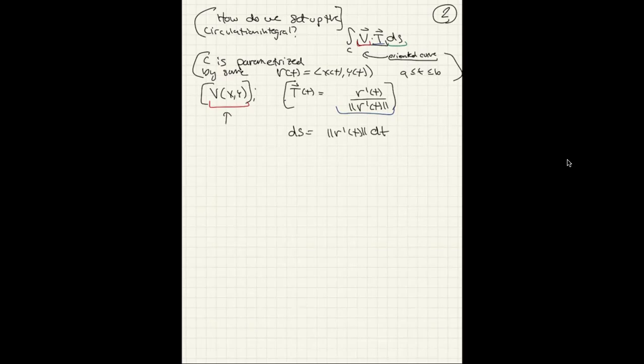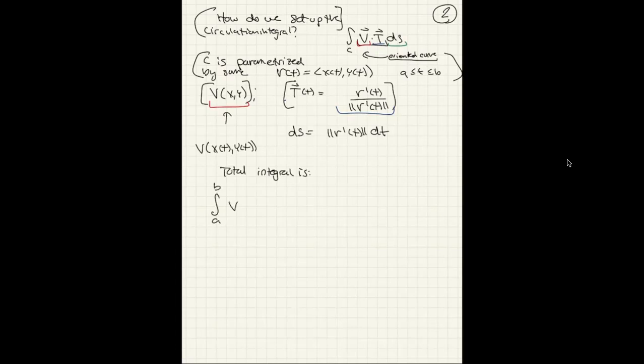You want to replace wherever you see x and y with x of t and y of t. So you'll have x of t, y of t, and the total integral is the integral from a to b.